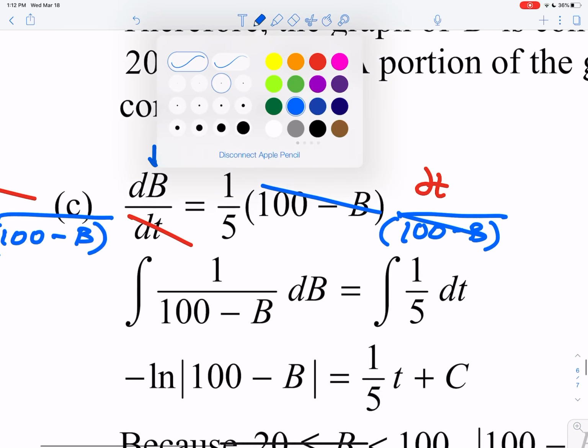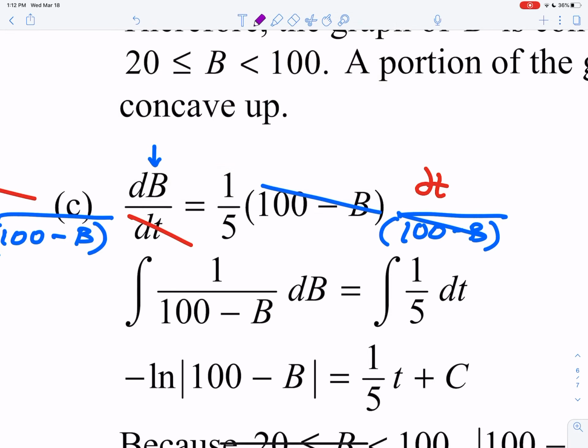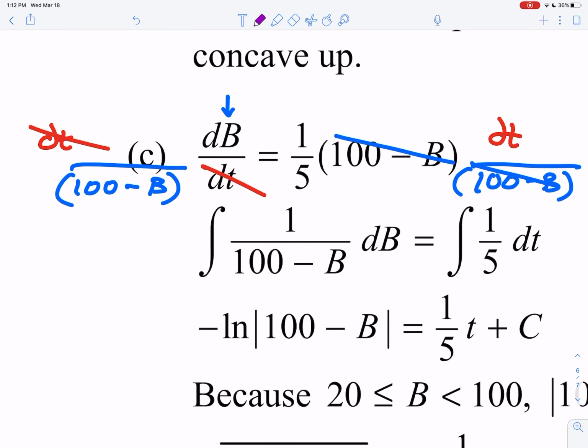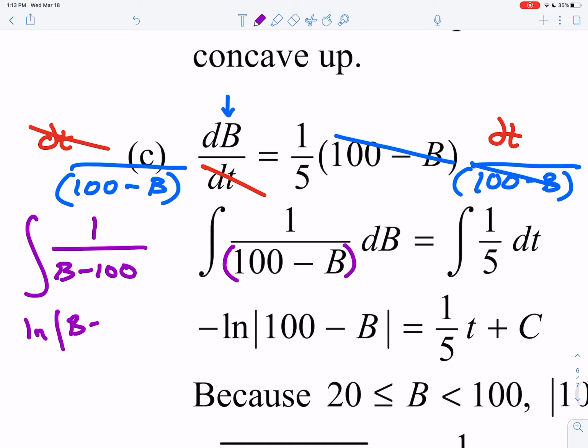Now, the only tricky part is the left-hand side. This tends to throw people off. Now remember, this down here is a function inside of another function. It is not a simple linear because the coefficient is not positive 1. If it was 1 over b minus 100, then the integral of that would just be the natural log of b minus 100 because that bottom function is simple.